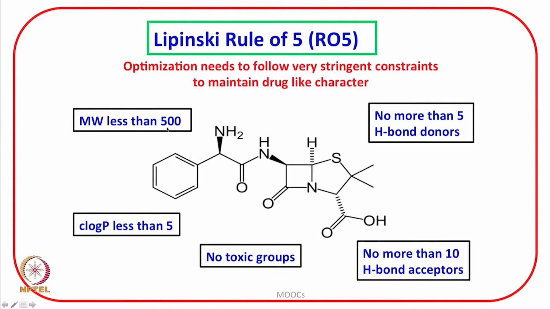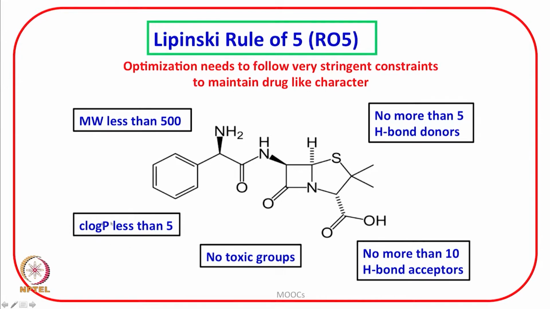So, in addition to the molecular weight and the hydrogen bonding abilities in the form of hydrogen bond donor or hydrogen bond acceptor, toxicity also becomes a very stringent requirement. Toxicity comes later, but before that C log P should be less than 5.